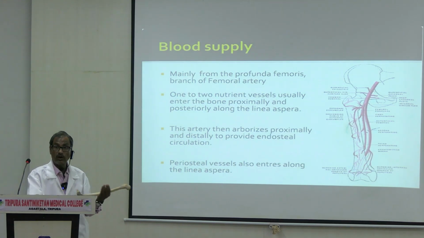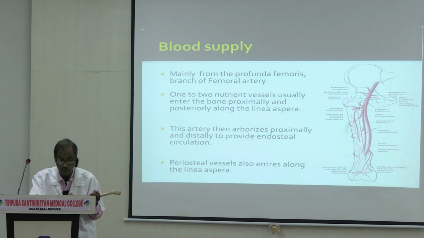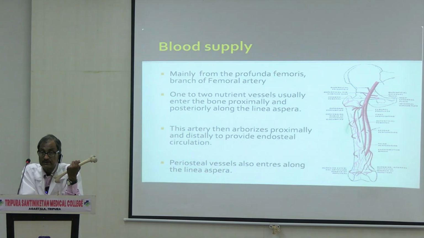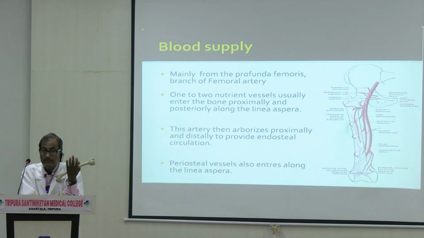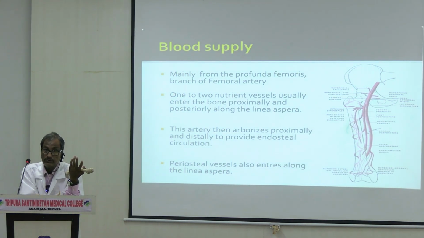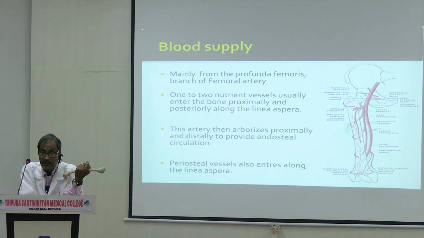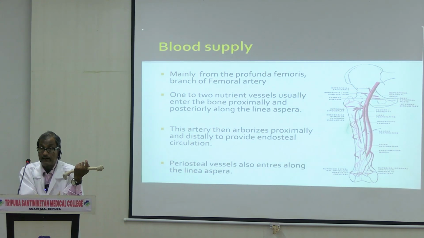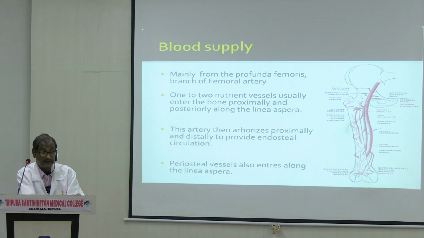Periosteum is the main source of cells for union. If there is no periosteum, no union. The cellular layer of periosteum, otherwise called the cambium layer, is absent in the neck of femur, but present everywhere else. Only the fibrous layer is there.